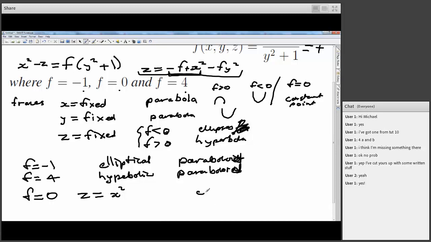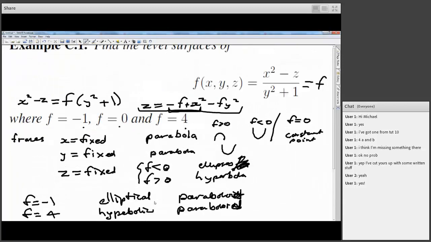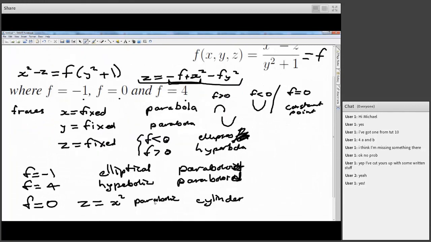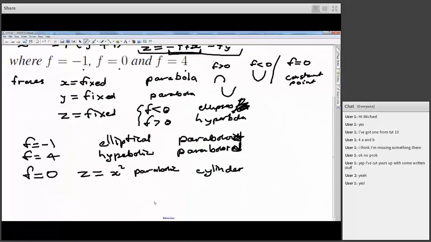So when you drop a variable, you end up getting what's called a cylinder, and each of these cross sections will just be a parabola. So this is called a parabolic cylinder. That's how you'd work that one out. So that's how you work out all the different types of surfaces. I'm just classifying it. Let's try drawing them.